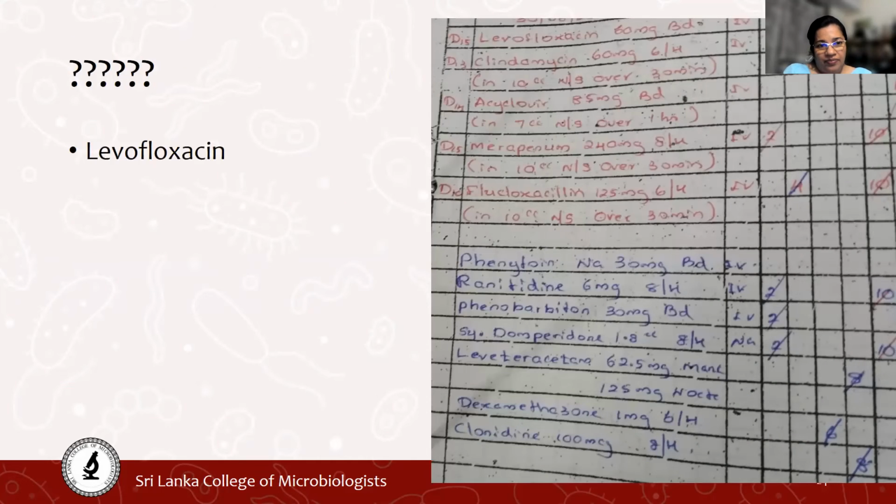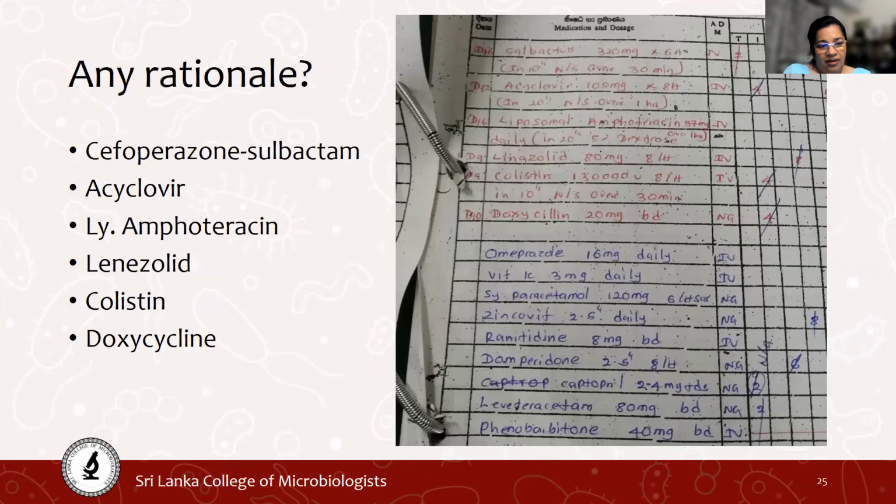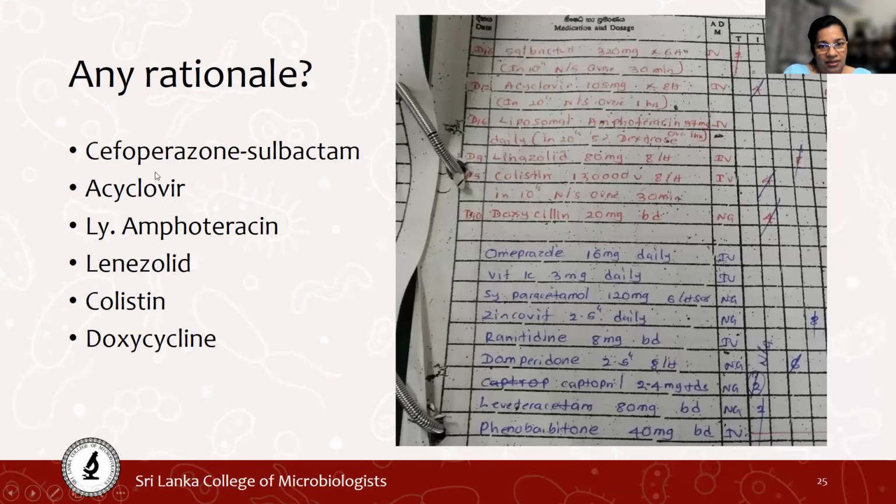Here again, levofloxacin, clindamycin, acyclovir, meropenem, flucloxacillin. What you want to cover with these drugs is not clear. Another one, any rationale, I wonder: ceftriaxone-sulbactam, acyclovir, liposomal amphotericin, linezolid, colistin, and doxycycline.